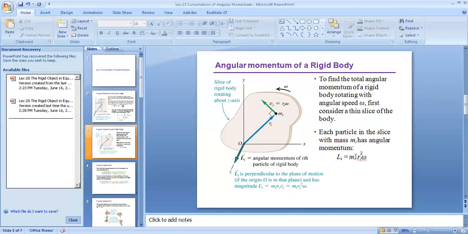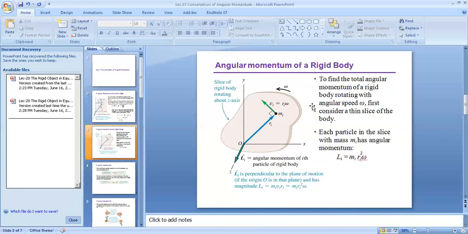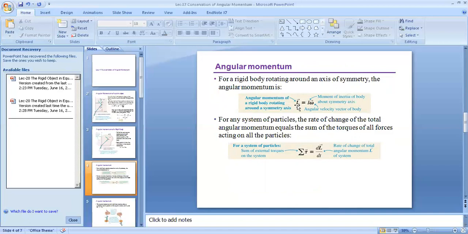As we see that mi ri square is equal to the moment of inertia, which is represented by capital letter I. So Li will become equal to I omega. If L is in vector form, then omega will also be in vector form, and I is a scalar quantity. So L will be equal to I omega.